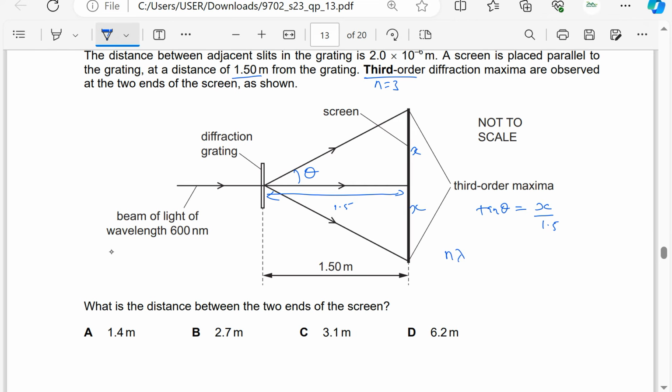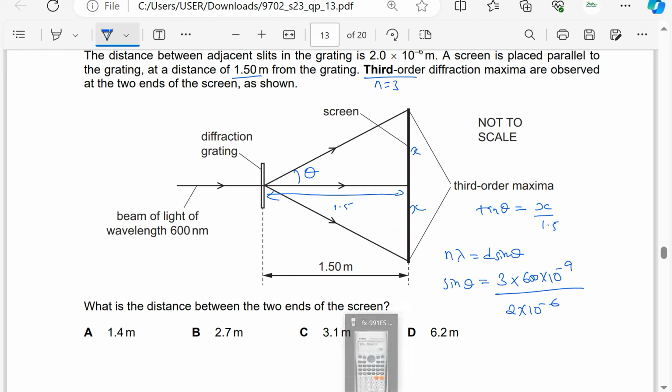But then n lambda is equal to d sine theta, which means that sine theta is going to be equal to n, which is 3, times wavelength, which is 600 nanometers, times 10 power minus 9, divided by d, which is 2 times 10 power minus 6. So what is theta?